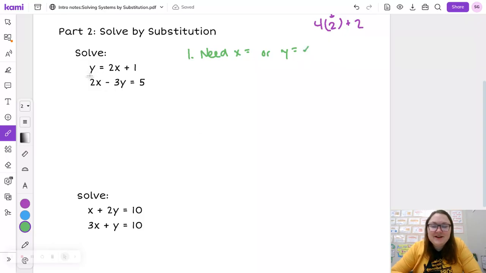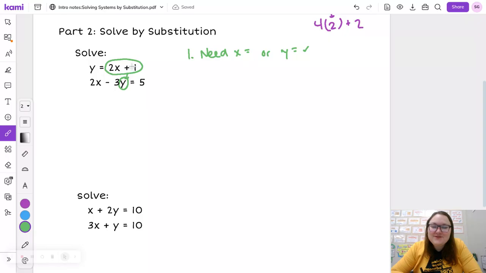The difference here compared to what we've done in the past is y doesn't equal a number, y equals 2x plus 1. This is a great opportunity to use colors or different colored pens to help show what we're going to do. Because y equals all of this, it means I can replace y in my other equation with all of that.